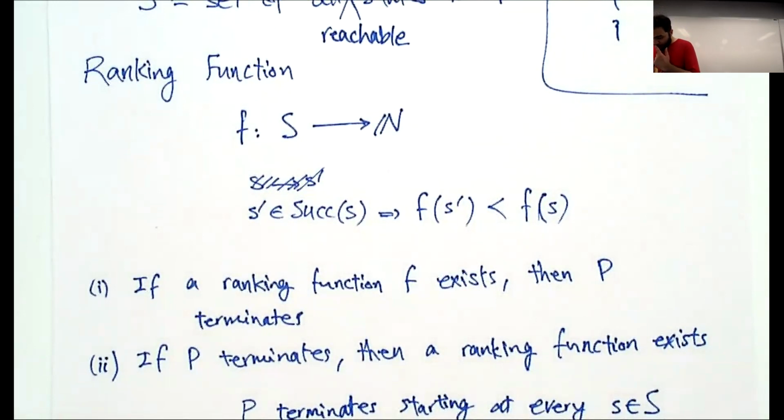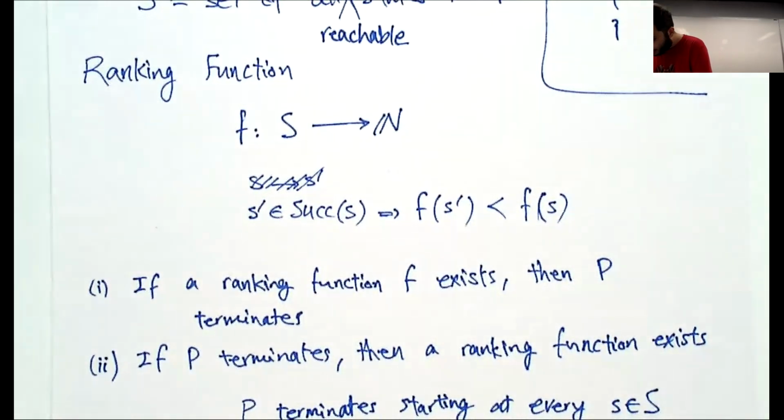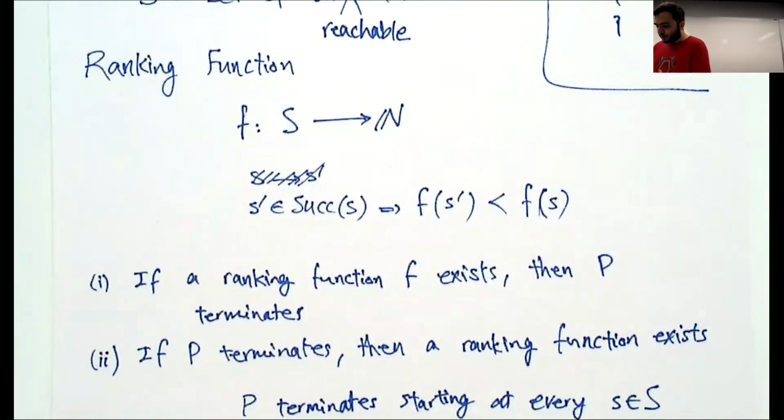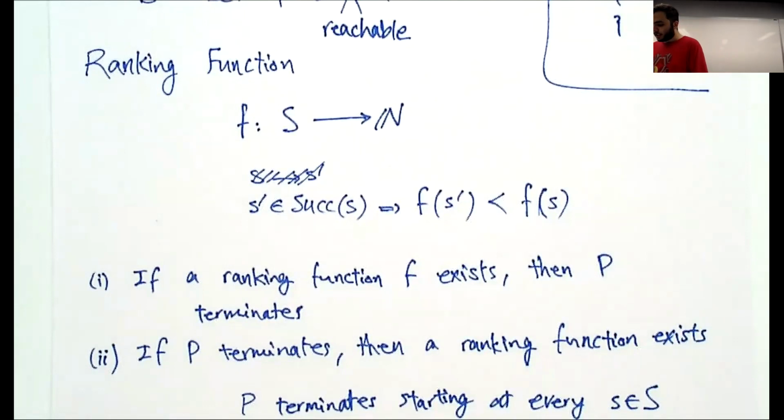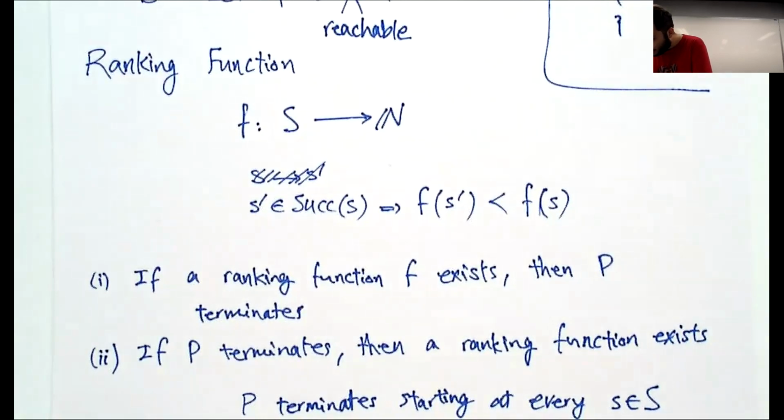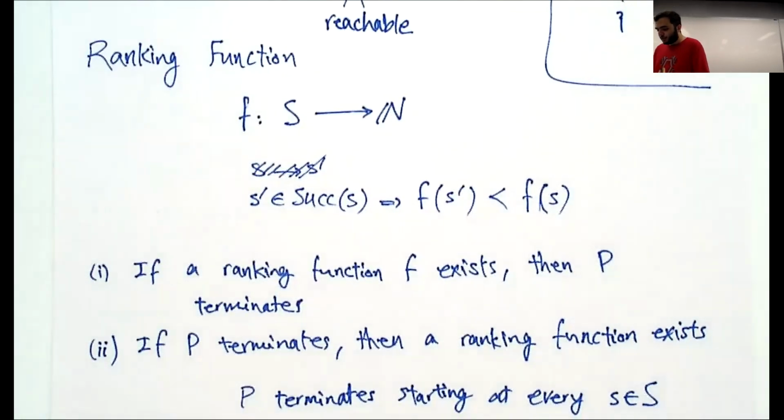So I can group the states in S based on how many steps it takes from that state to termination. Let's say that S0 is the set of reachable states from which we will terminate in 0 steps, so the program has already terminated. S1 is the set of states from which we will terminate in 1 step. And I define every other S the same way.